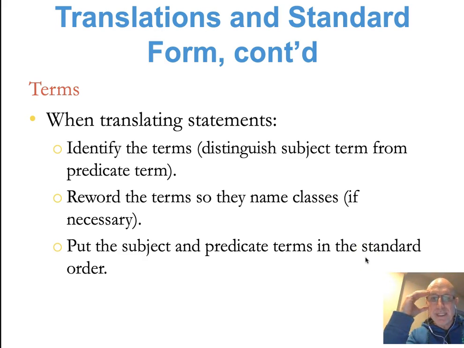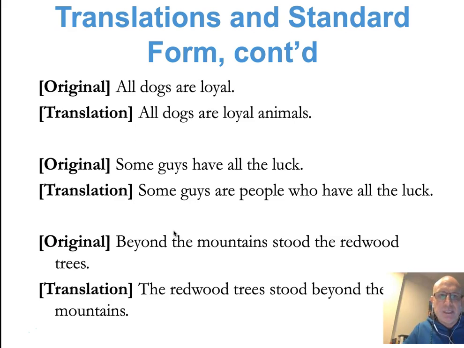So when translating statements, number one, we must identify the terms, and we need to, again, distinguish the subject term from the predicate term. We need to reword the terms so they name classes if necessary. And that's very important. So we might have to reword the terms to ensure that they name a class if that's necessary. And then we need to put the subject and predicate terms in the standard order.